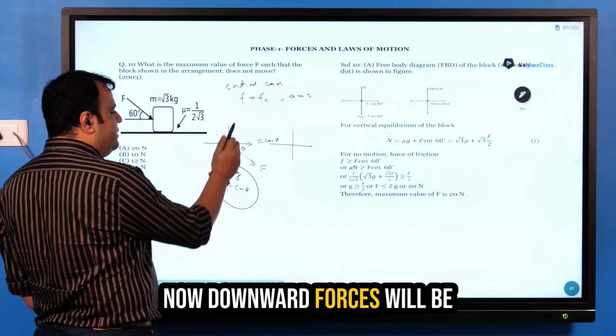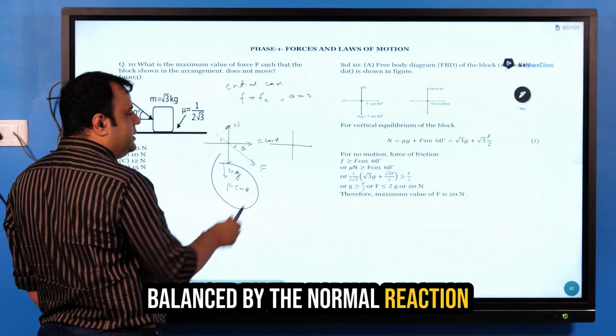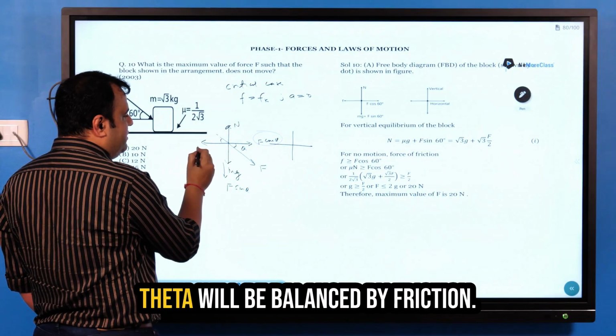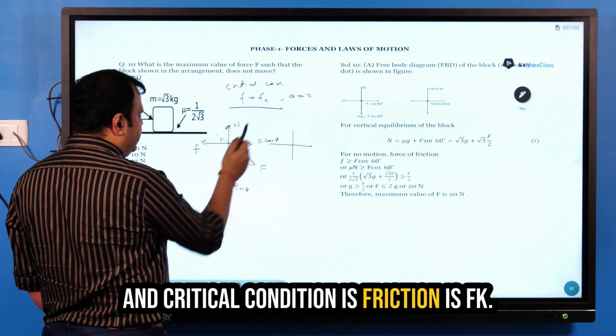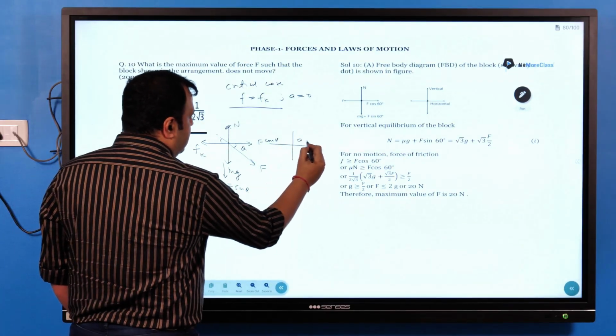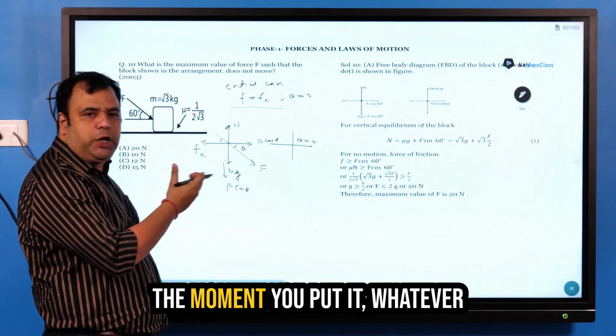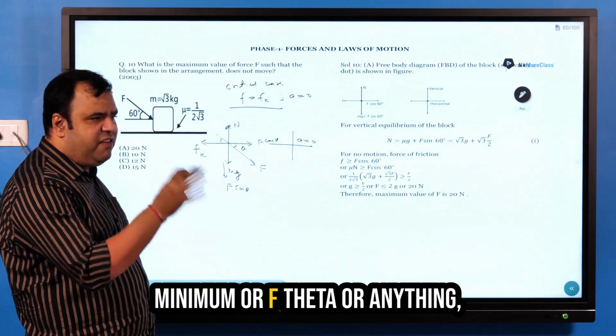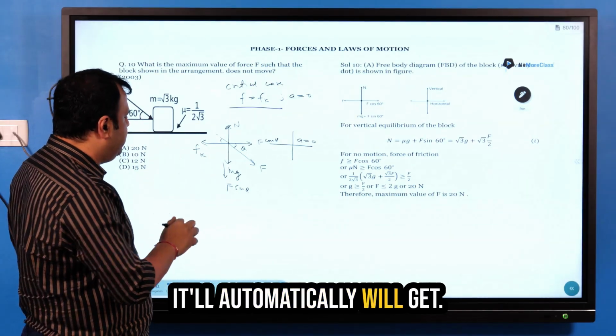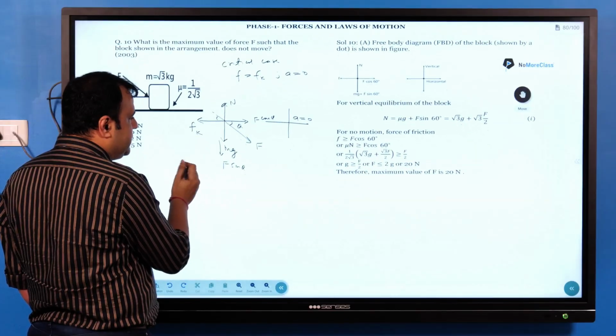Now downward forces will be balanced by the normal reaction and the horizontal force F cos theta will be balanced by friction. Critical condition is friction is Fk, acceleration is 0. The moment you put it, whatever you are calculating, maximum, minimum or F, theta or anything, you will automatically get.